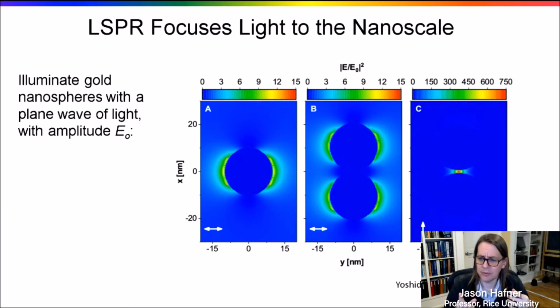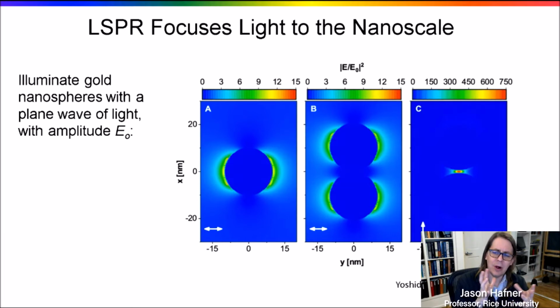If you look, that's from -15 to 15 on the horizontal axis, and that's in nanometers. So you can see all that enhancement is on a scale of only about 5 nanometers, very sharply focused. So this is a case where the nanomaterial, the gold sphere, has manipulated the light. It's actually focused it down to that little region.